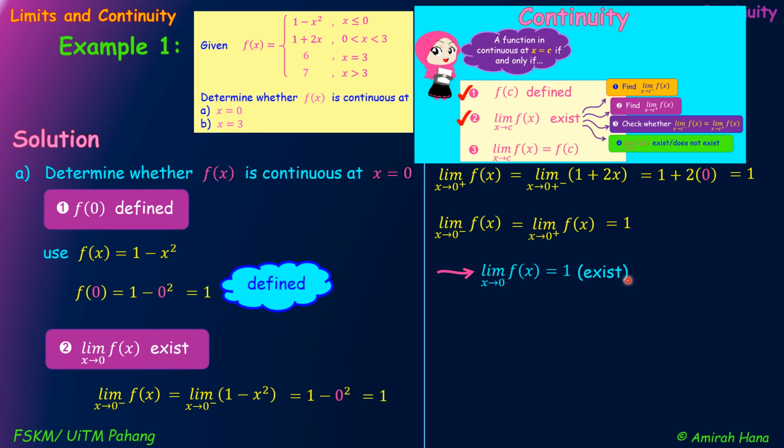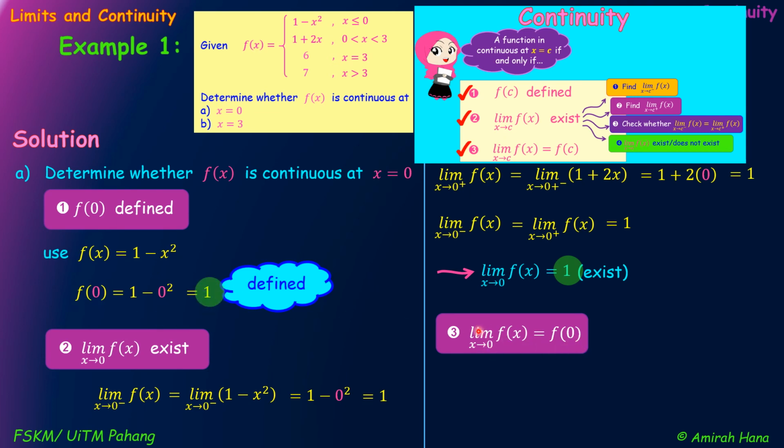Alright, so we can proceed with condition number 3. The limit as x approaches c of f(x) must equal f(c). In this case, because our x equals 0, the limit as x approaches 0 of f(x) must equal f(0). The limit as x approaches 0 of f(x) from here equals 1, and f(0) under step 1 from here also equals 1.